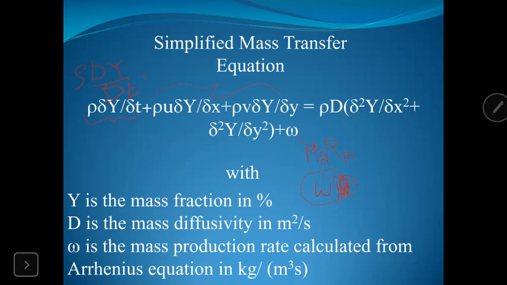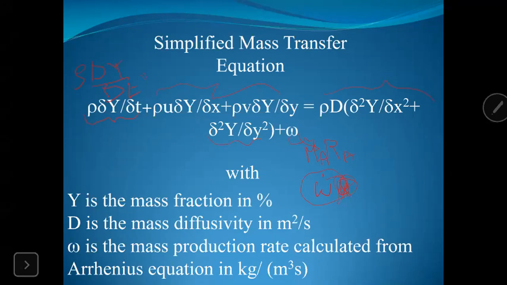Second one is the mass advection term. Third one is the mass diffusion term. And the last one is the mass production rate, or the chemical reaction term.